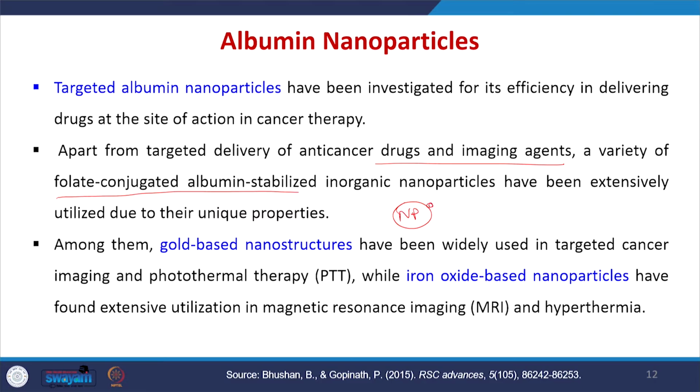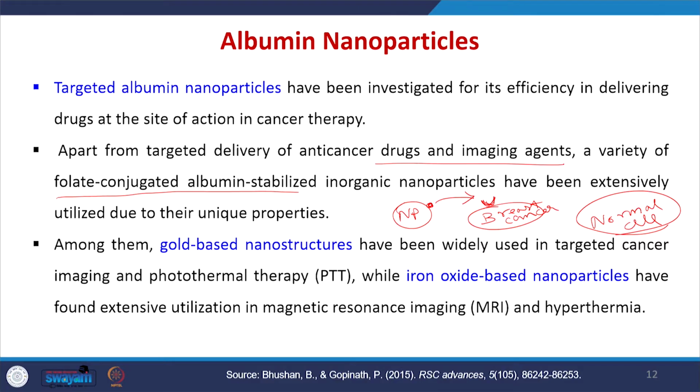If a nanoparticle is conjugated with folic acid and the breast cancer has the receptor for folic acid, this nanoparticle will go and specifically bind to the breast cancer cells, and it will not bind to the normal cell. In this way, we can improve the therapeutic efficiency by specifically targeting the tumor cells.